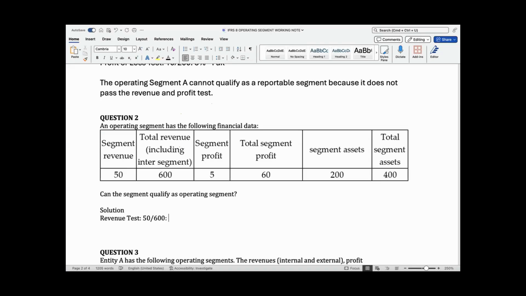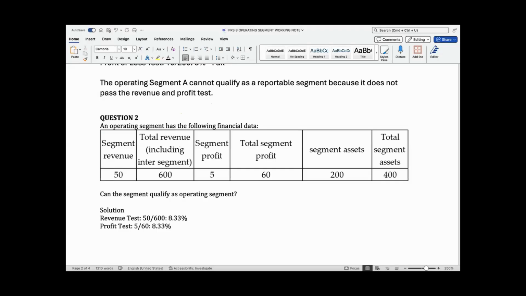What's 50 divided by 600? That's 8.33%. I will also do my profit test. In this case, I was not given any loss, so I will do 5 over 60. What's 5 over 60? That's also 8.33%.